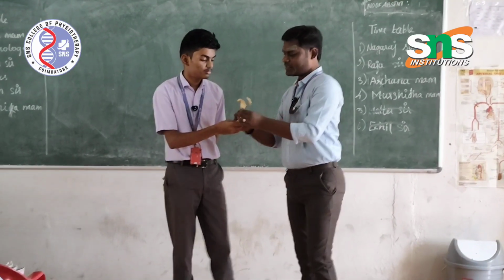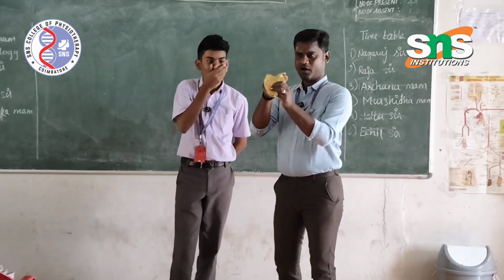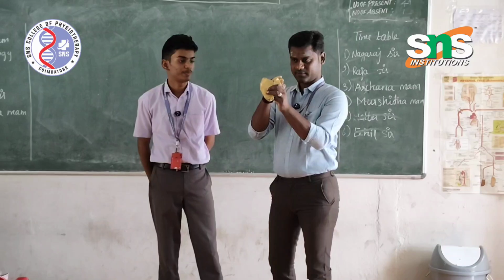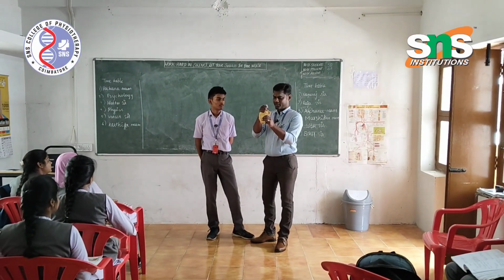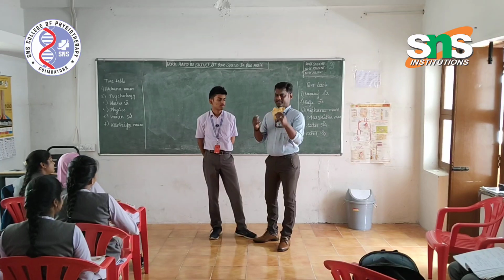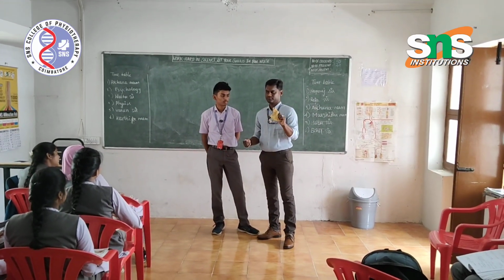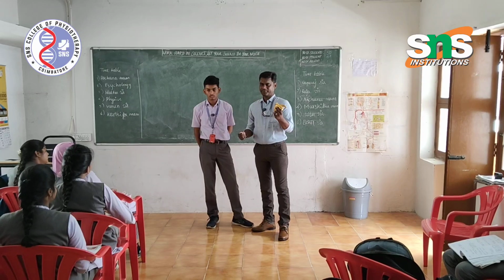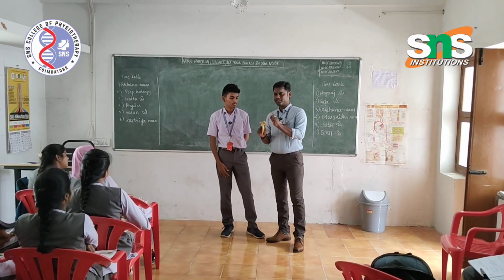Can you see we have a small hole here? Actually, we would be having a notch, but we are having a hole. Can somebody say how it is formed? I asked what is connecting these two things.